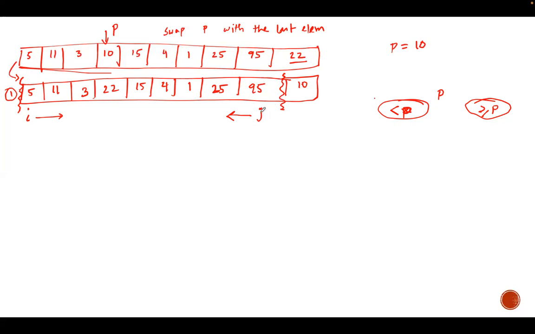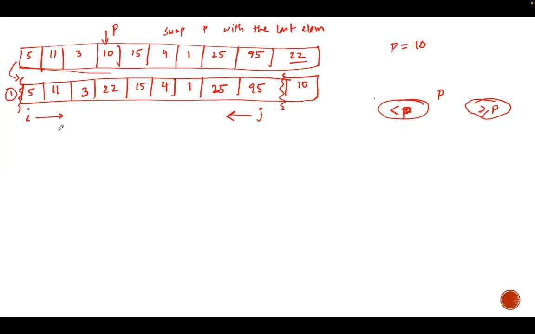But if j finds any item which is less than P, less than 10, it is going to move that item to the left side of the array.